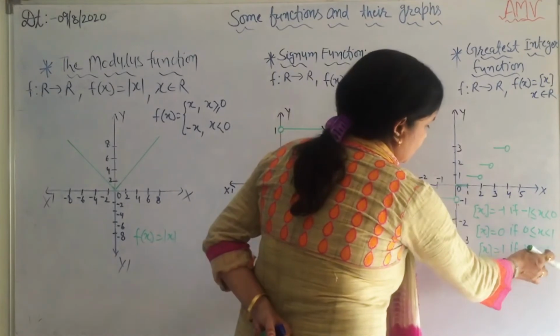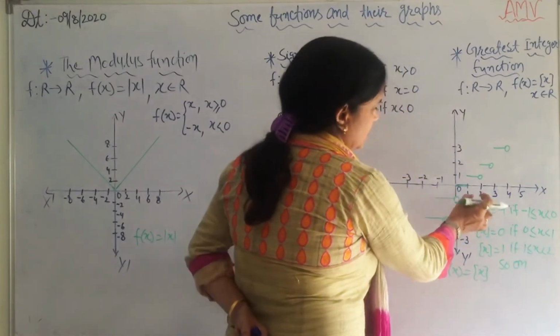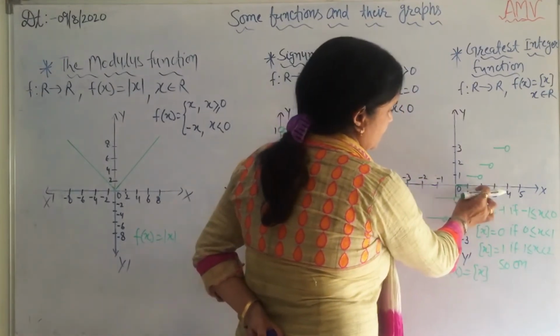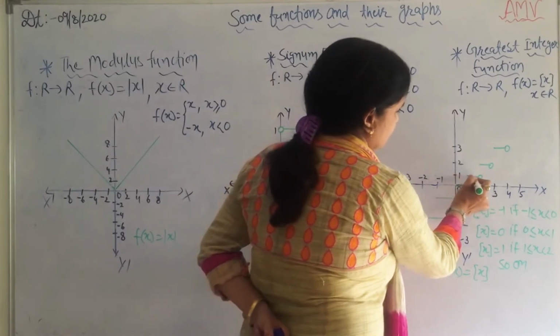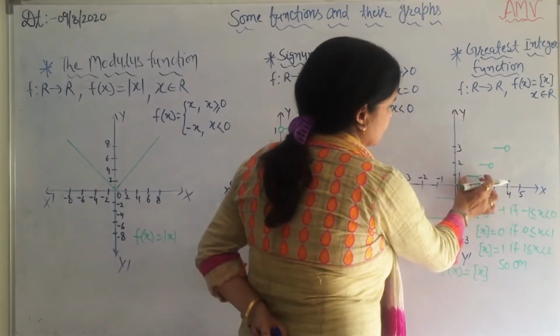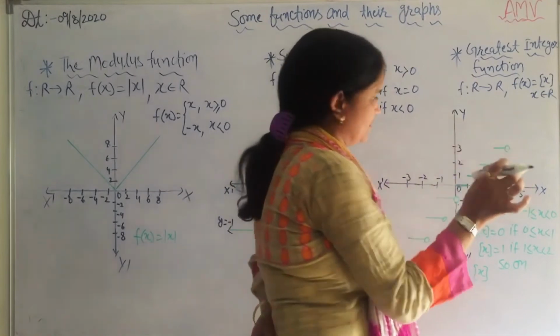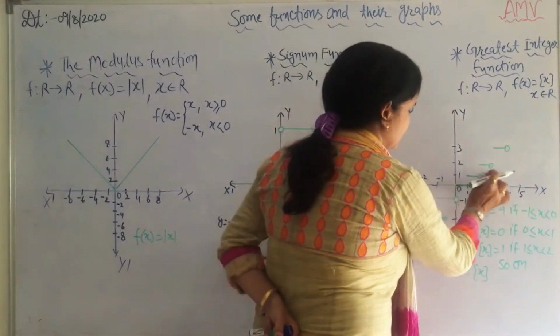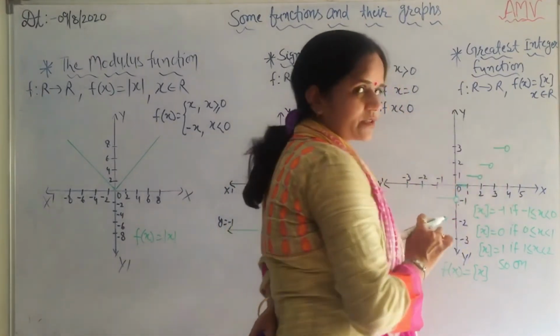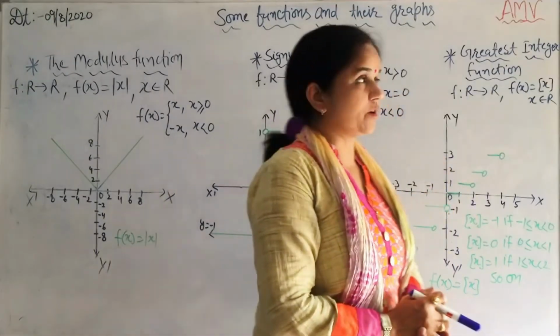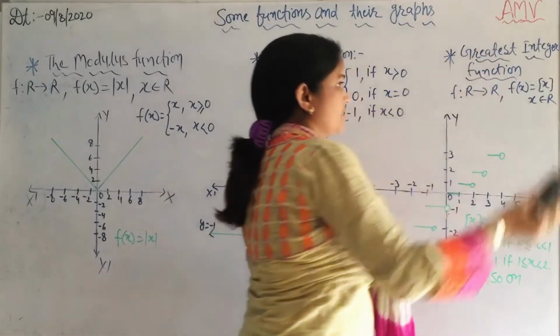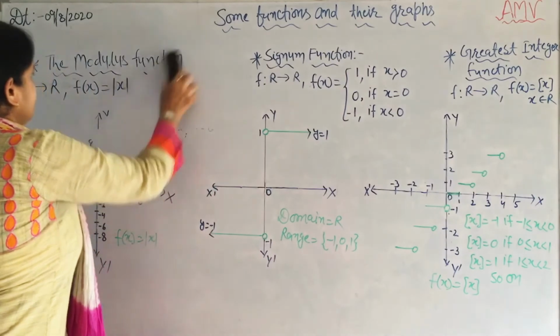When x is 1 to 2, the image is 1. So this is the interval 1 to 2, and the image on y is 1. This line represents the interval, meaning the value of x, and this represents f(x). Now go ahead, there are some more functions.